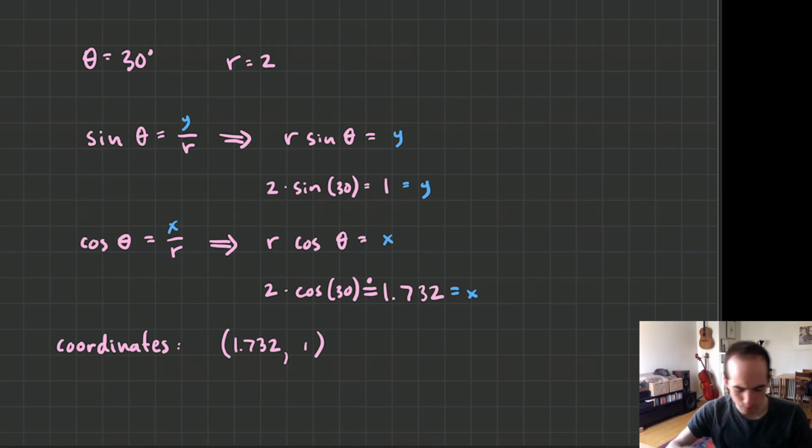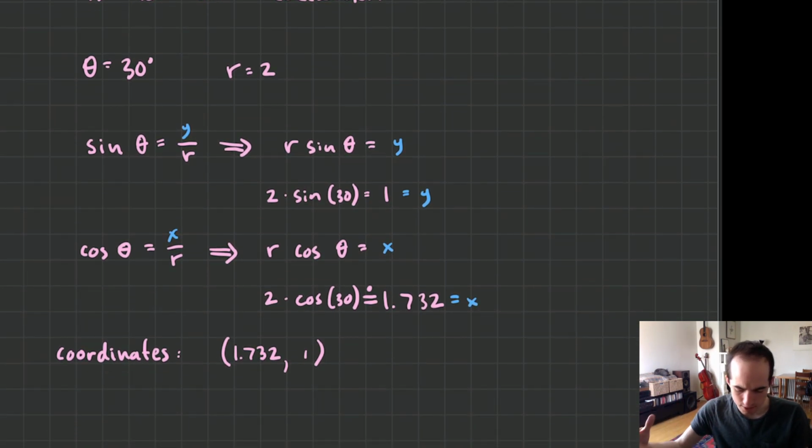What I'm trying to get at is this thing called the unit circle, and the unit circle just adds an extra layer of abstraction, so it's a little more abstract.